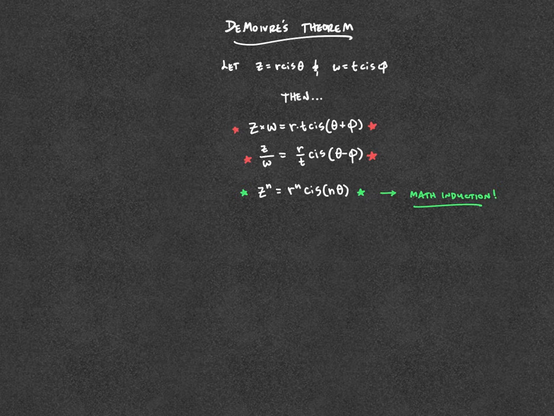So I'm going to let z equal the complex number in modulus argument form, right? The modulus of z is r, and the argument of z is theta. And the complex number w has a modulus of t and an argument of phi. Okay?